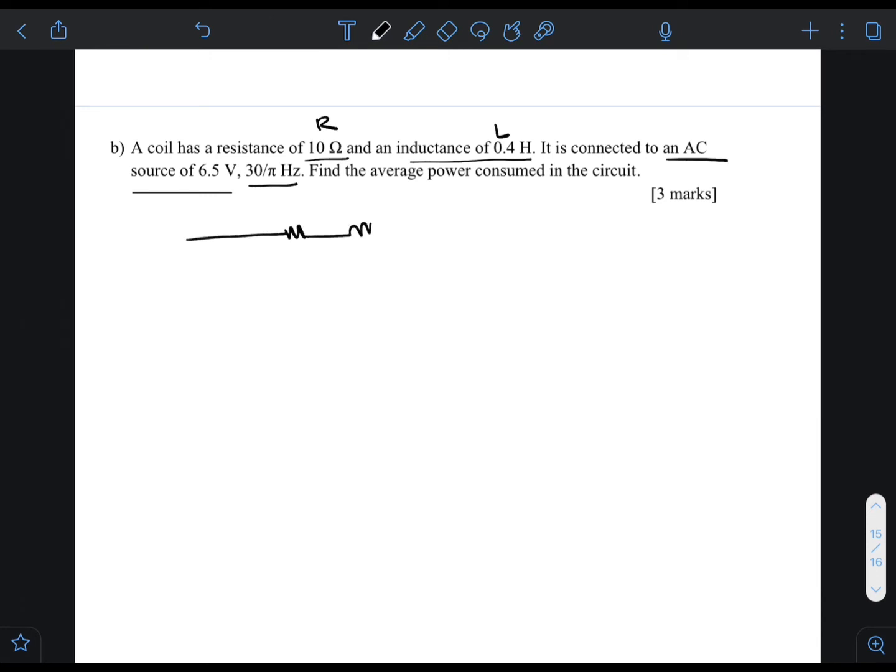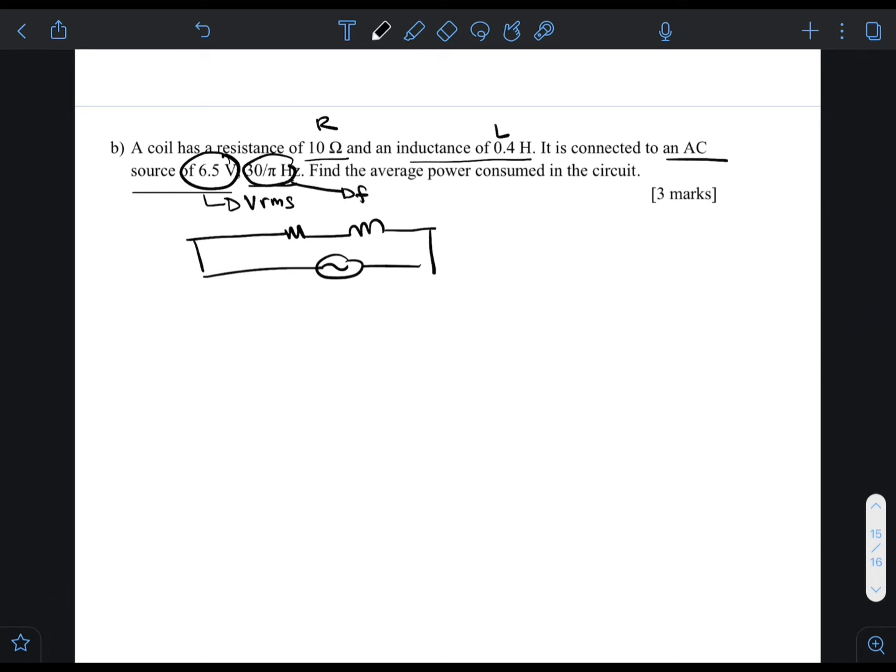So our resistor and also inductor is connected across an AC source which has a voltage of 6.5 volt and also frequency 30 over pi hertz. So V yang diberi dalam soalan ni adalah sebenarnya V from the source, which is the VRMS.